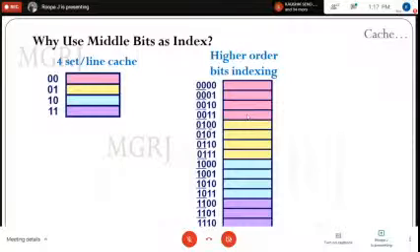Is my point clear? Remember one thing, 0000 and 0100 can both be executed in parallel. But if 0001 has to be executed, then it has to wait for 0000 to get swapped back.